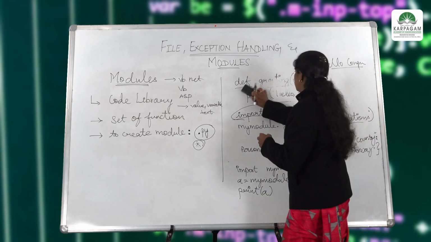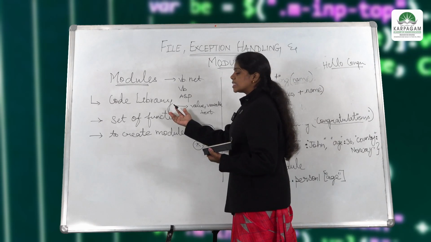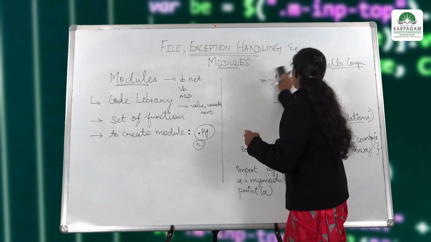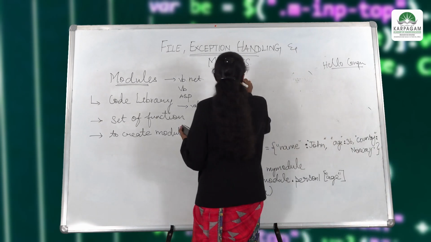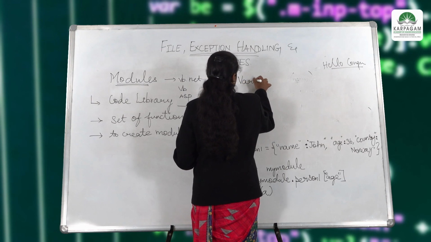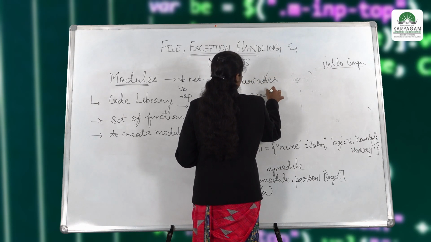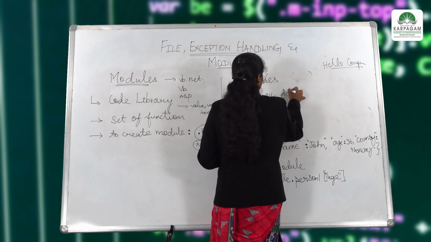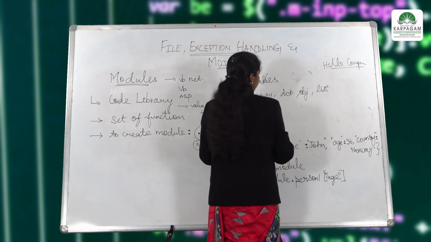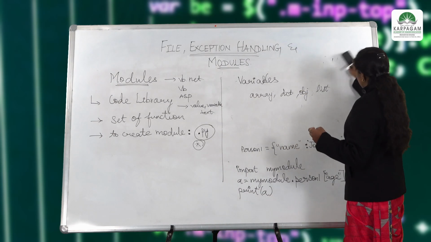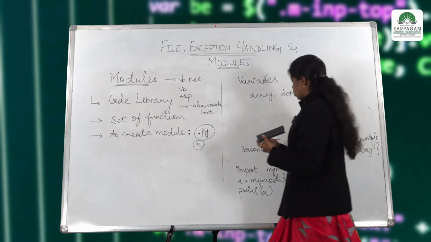As I already told, modules contain the set of functions which we have already described. Also, the module can consist of variables along with their types: arrays, dictionaries, objects, lists, whatever it is. It can contain any type of variable which Python includes.